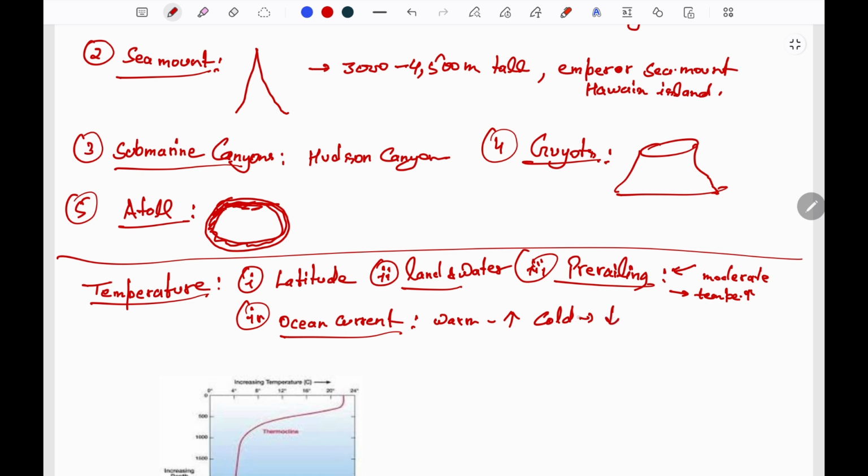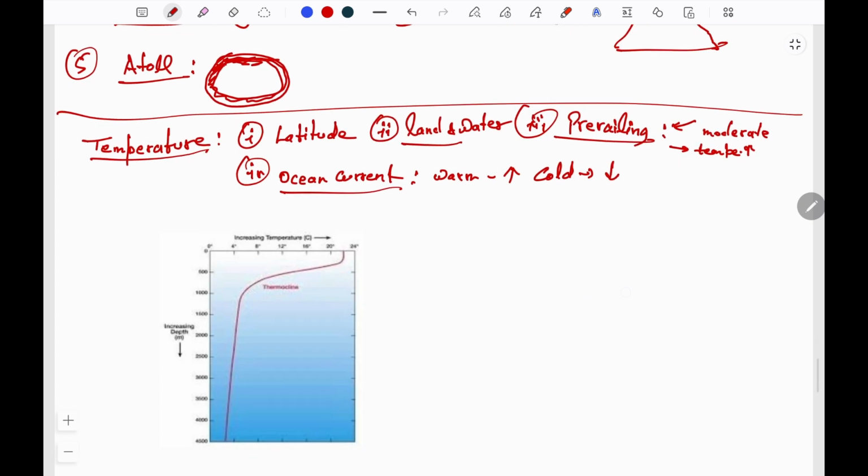Now let us understand the horizontal and vertical distribution of the temperature. So vertically, the layer from 100 meters to 400 meters witnesses a high temperature region, and thereafter the temperature starts declining sharply, which layer is known as thermocline layer, and thereafter the temperature becomes nearly constant with the depth.